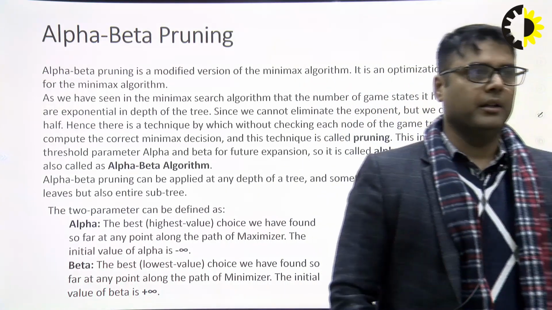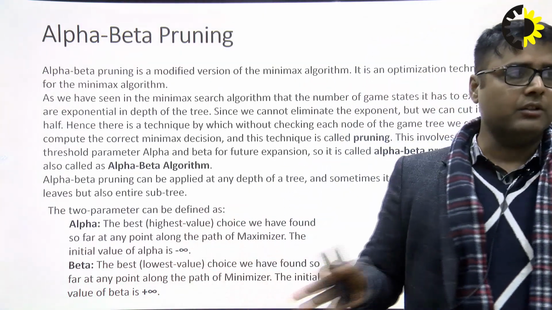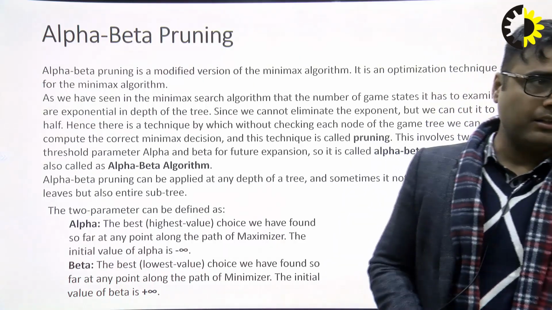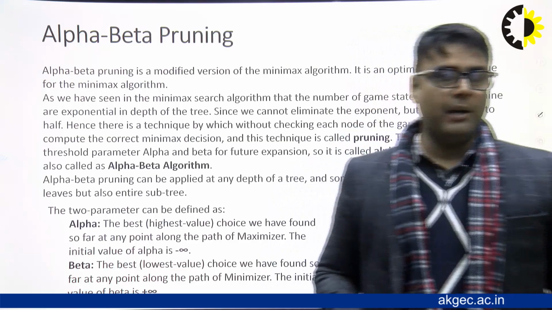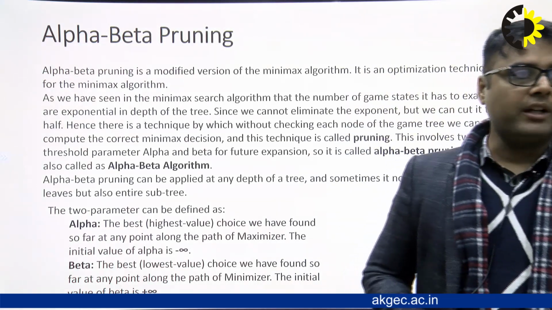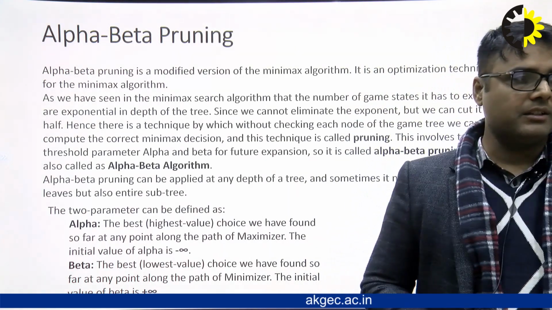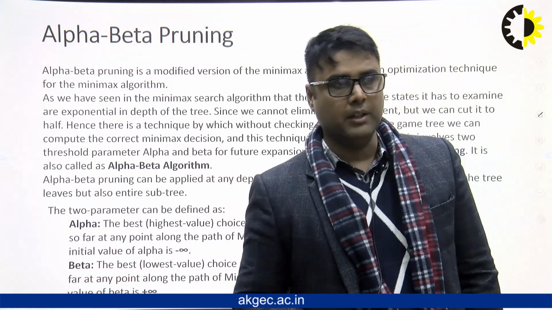In the slide, the two parameters are defined as follows. First is alpha, the best highest value choice we have found at any point along the path of the maximizer; the initial value of alpha is minus infinity.